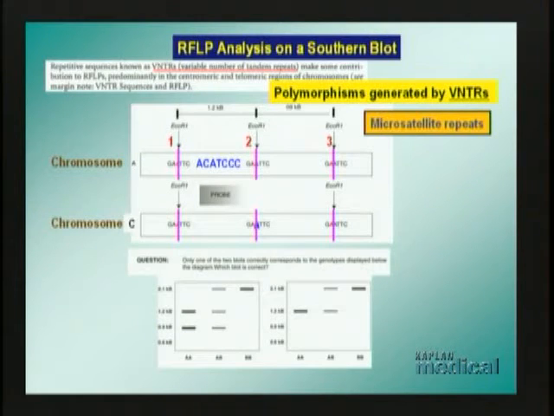But within site 1 and site 2, there's a sequence of DNA, ACATCCC. Now let's assume in chromosome C, that sequence of DNA is amplified 10 times in tandem. That's illustrated here. ACATCCC 10 times in a row, in tandem. That's where the name comes from: variable number of tandem repeats. This is a repeat that's now been expanded 10 additional times in a row.